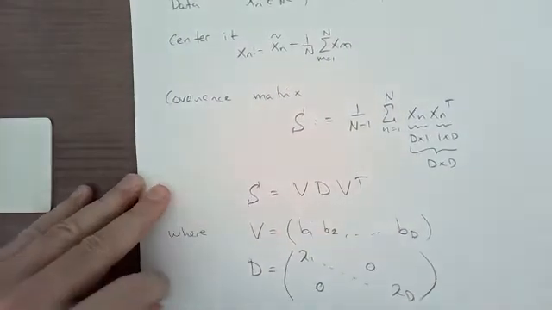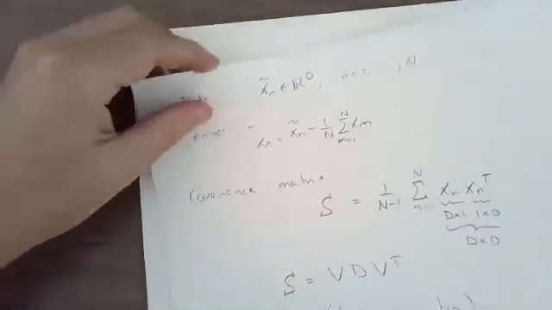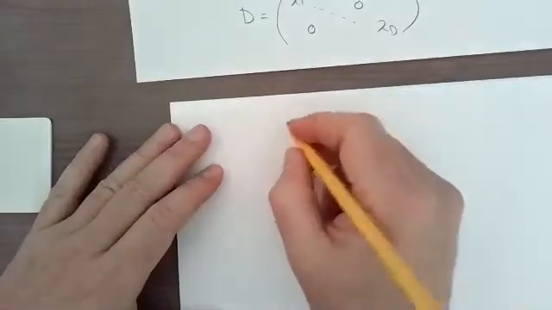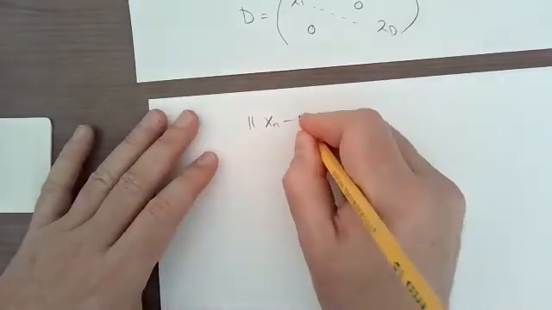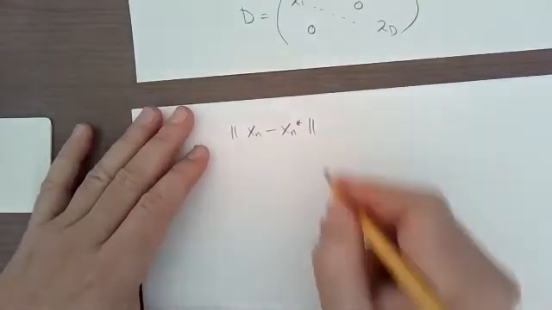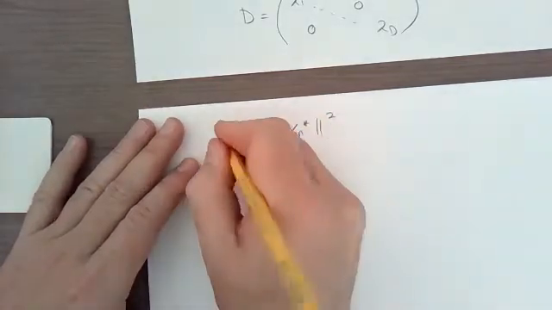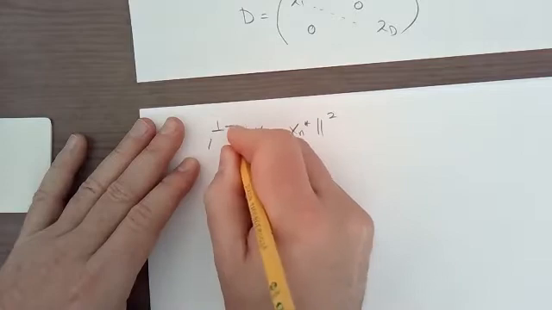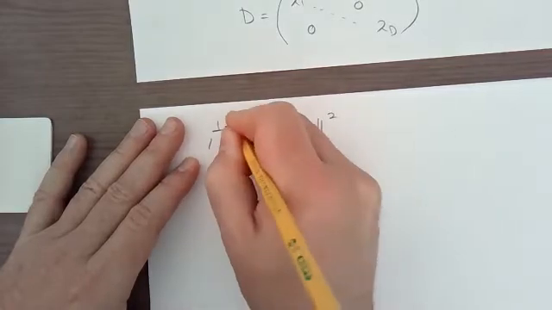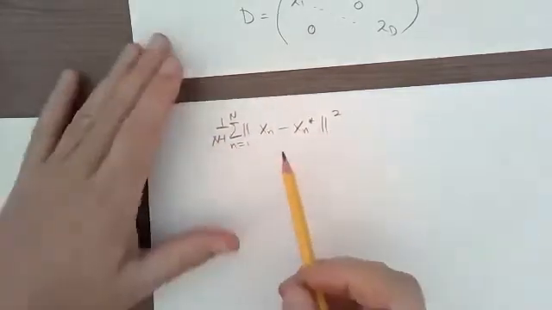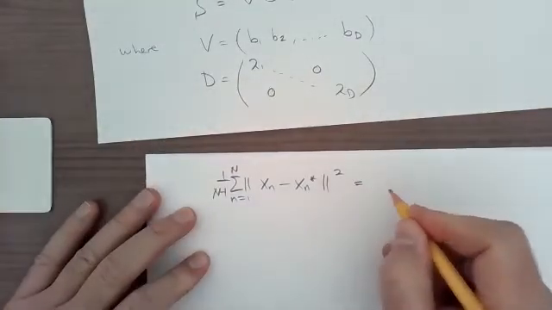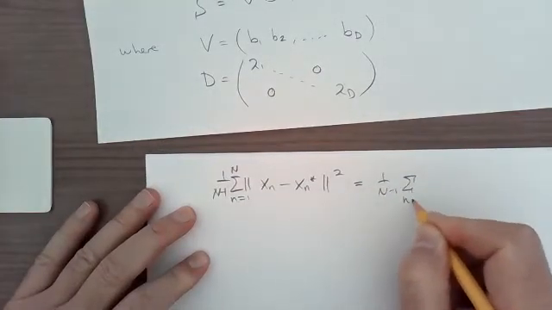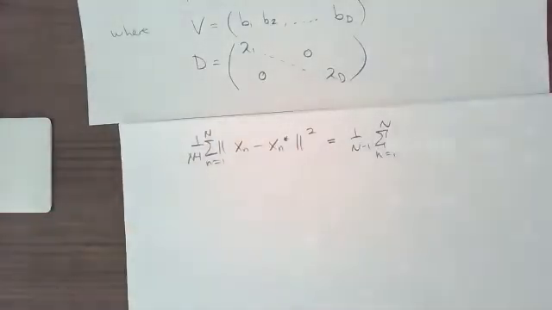And so what you're interested in is looking at the norm of xn minus its approximation, xn star. Maybe you want to sum over n, and then do the same normalization as the one we have up here. So that becomes 1 over n minus 1, the sum over n's, and then the norm.